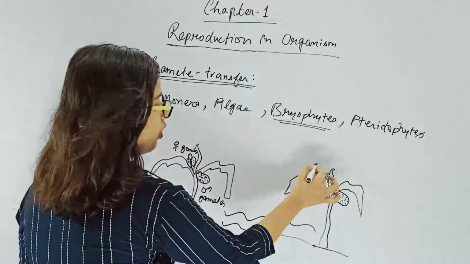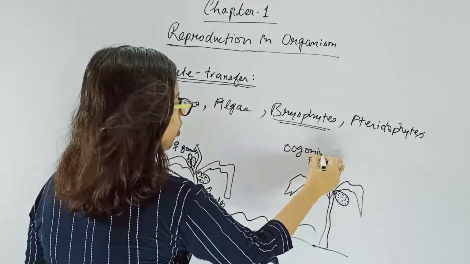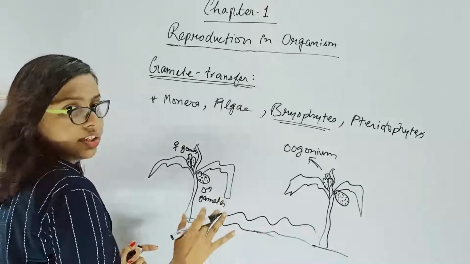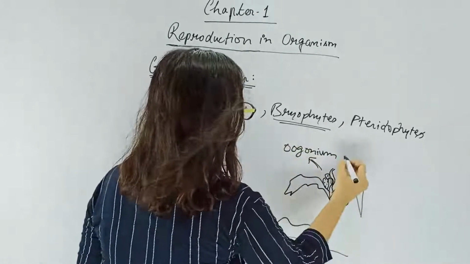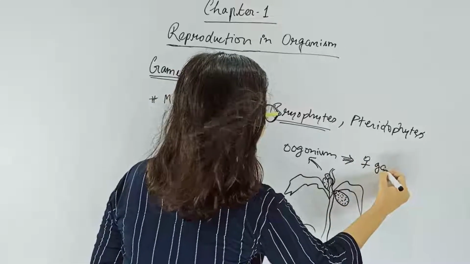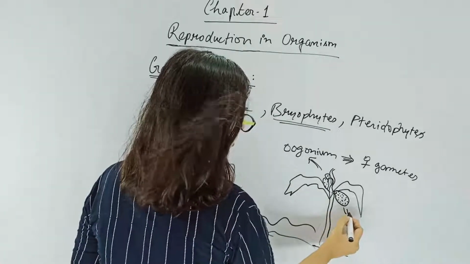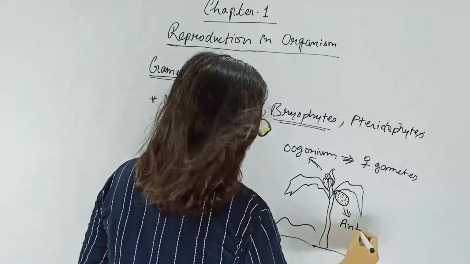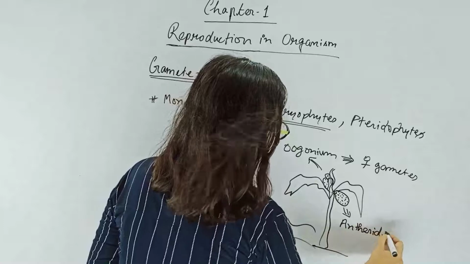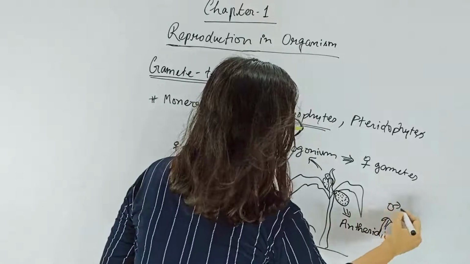This is the oogonium. Oogonium is the female reproductive structure which will form female gametes. This is the antheridium, where male gametes will be formed.